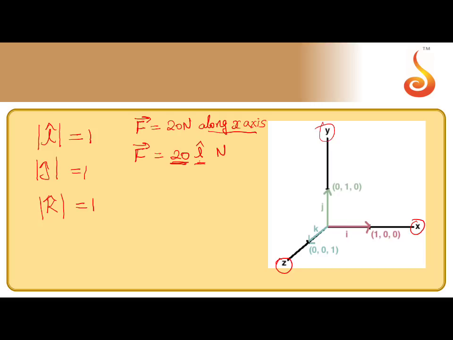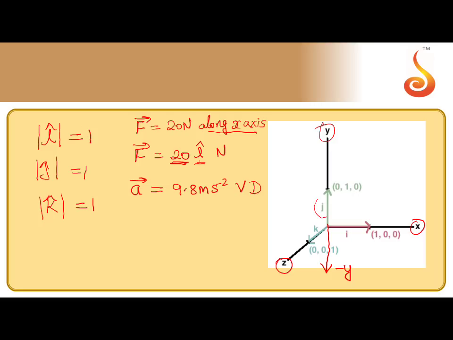Same way, when I throw the body up, the acceleration on it is nothing but 9.8 meter per second square. This is acting vertically downwards. Now, instead of writing vertically downwards, you see vertically down is in the negative y direction.